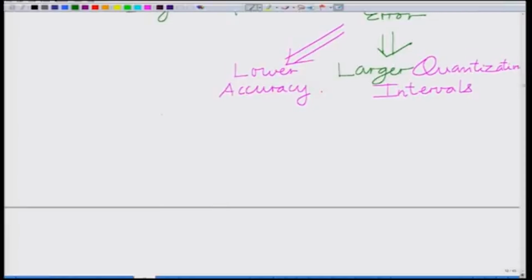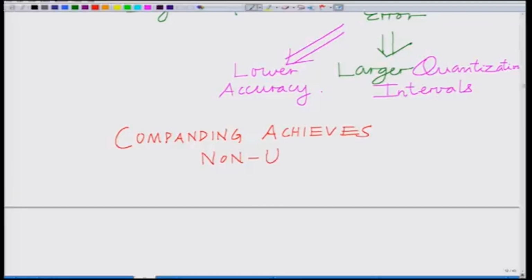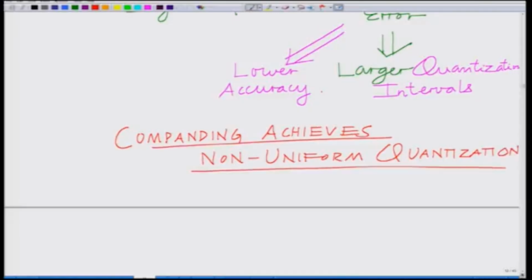So companding achieves non-uniform quantization.